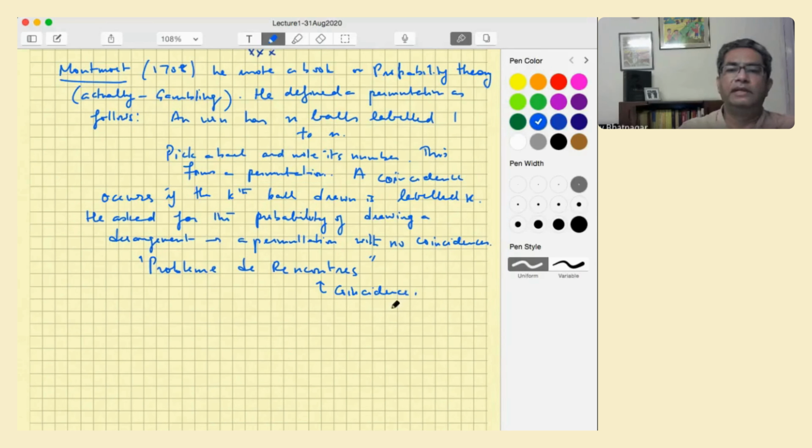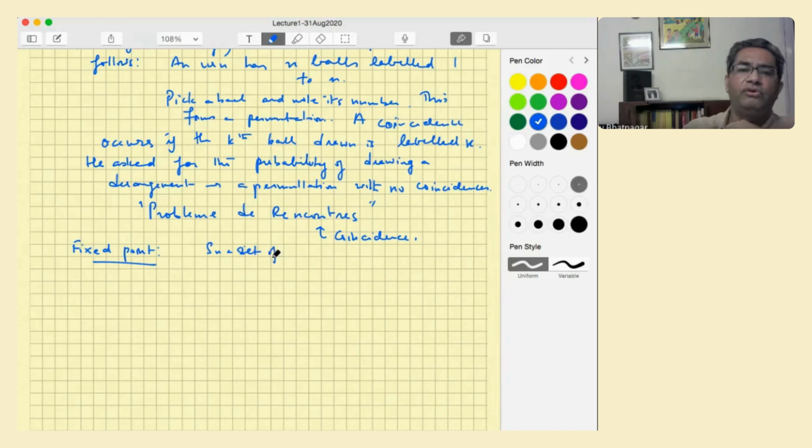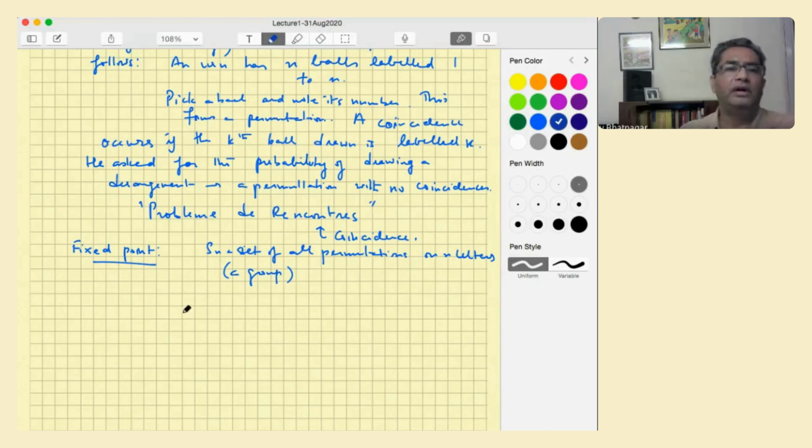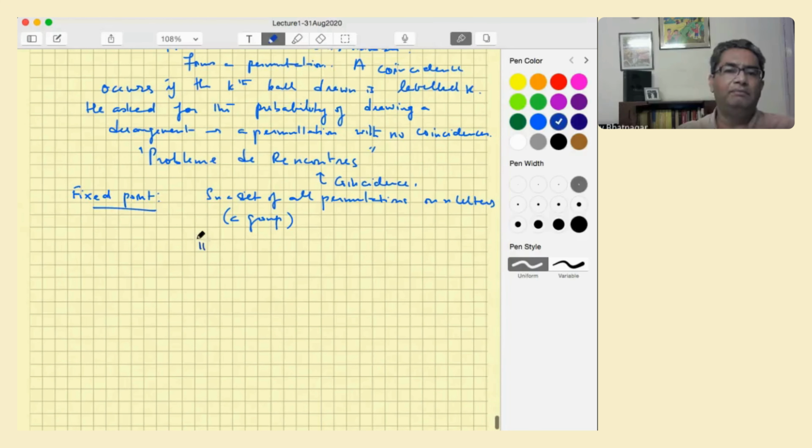So a fixed point. Let S_n be the set of all permutations on n letters. So it's actually a group. And let pi belong to S_n. So basically, what is pi? Pi is some function. So pi of 1 is something, pi of 2 is something, and so on.